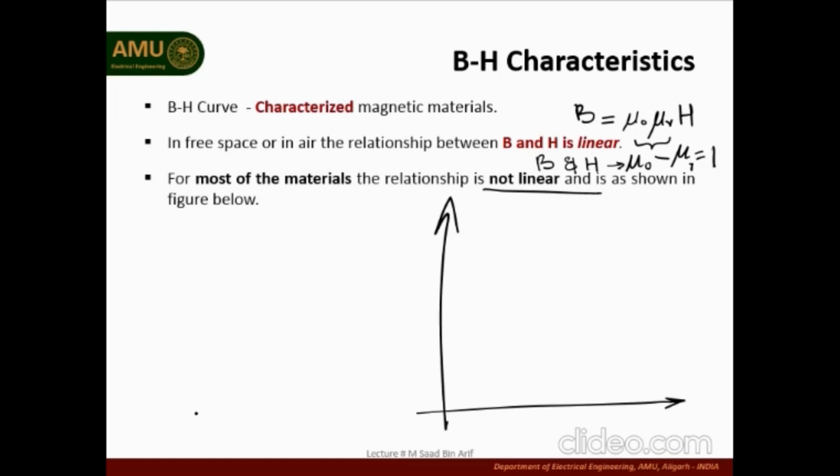Let us have a characteristic for free space, where the characteristic is linear. Here we have H, here we have B.